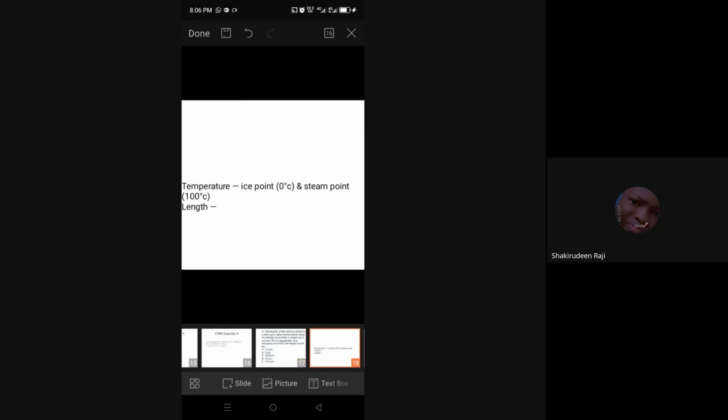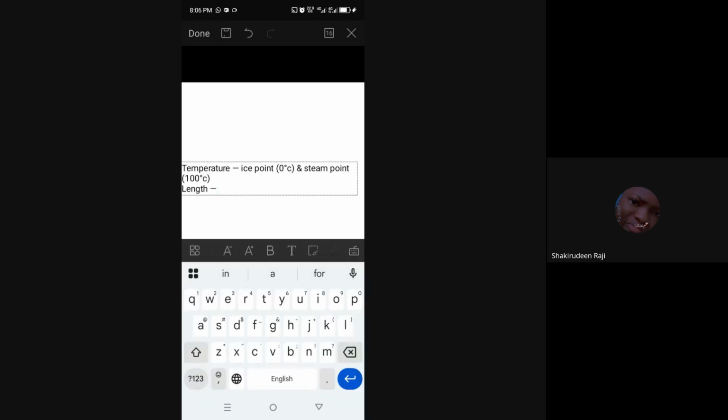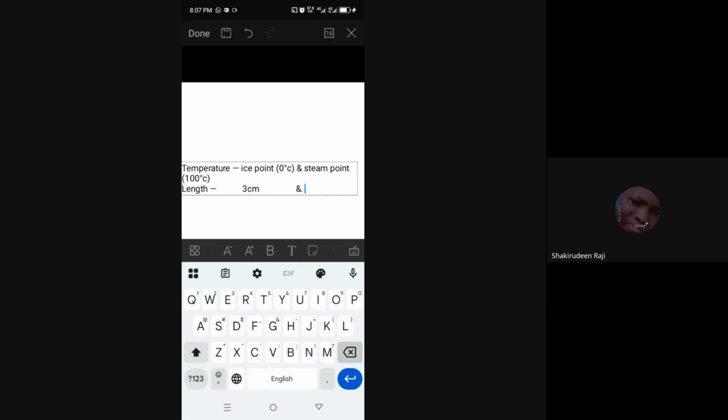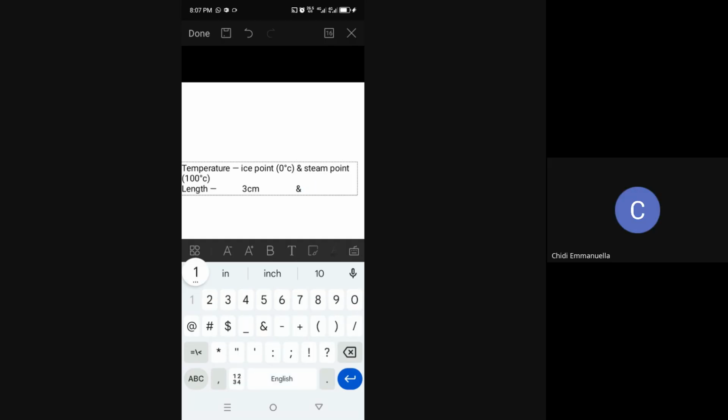So it means at ice point, the height is 3 centimeters. Then at steam point, what's the height? 18 centimeters. Okay, 18 centimeters. Good.